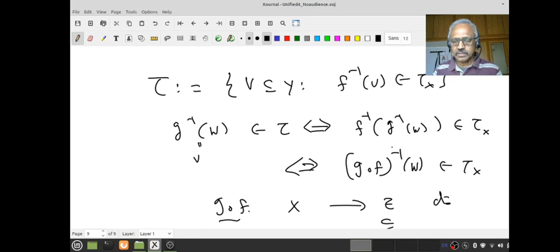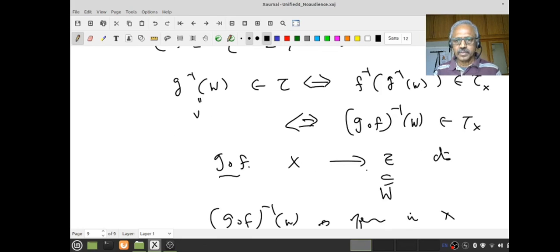The inverse image of a composition goes the other way around. Therefore, f inverse of G inverse of W is nothing other than (G composite f) inverse of W. But do I know this? Because W is open in Z, and given G composite f is continuous, this is open. So I proved it.